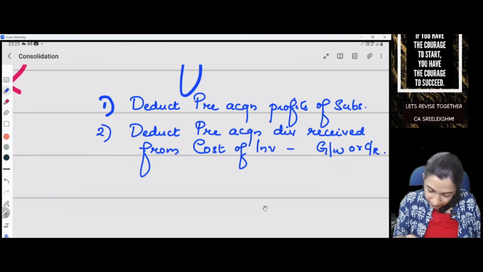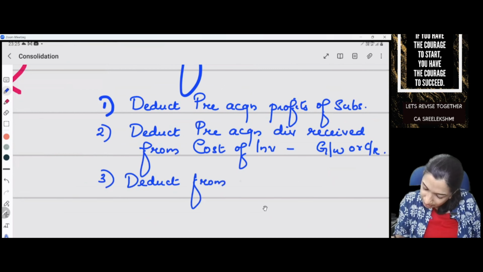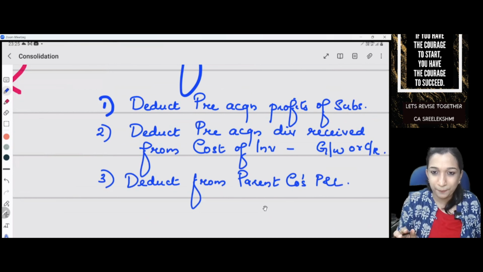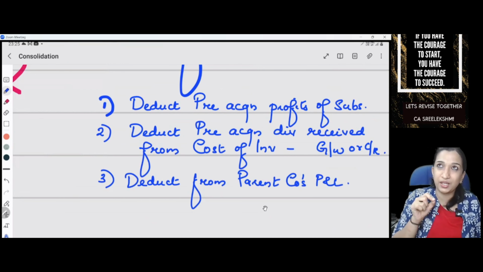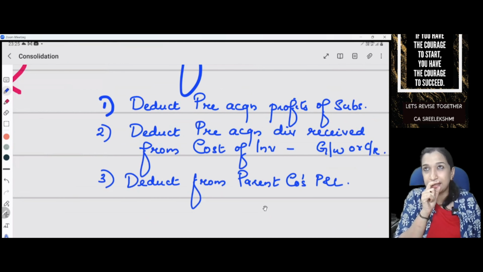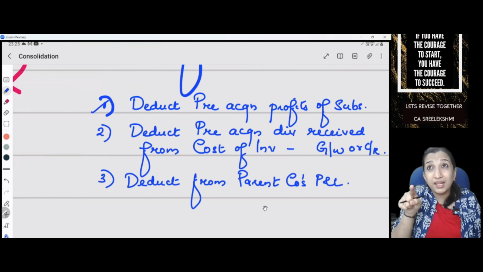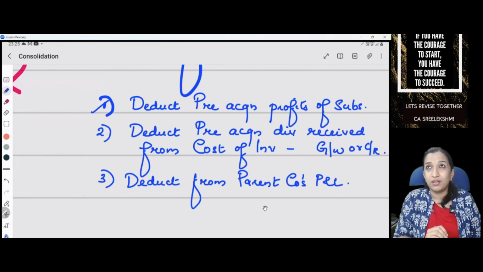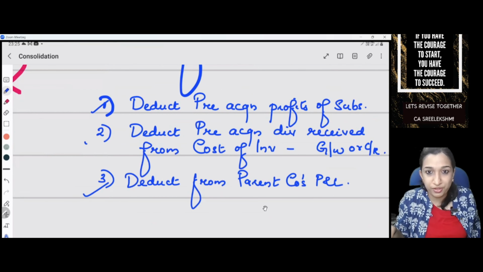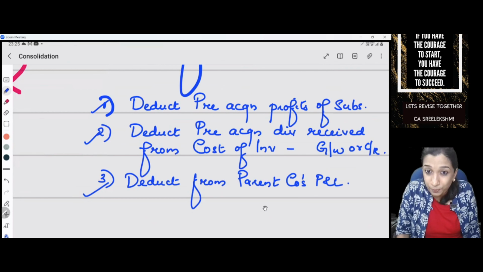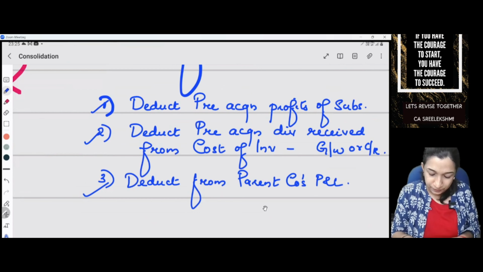Then deduct from the parent company's P&L. So these are the steps to be done. If a pre-acquisition dividend is wrongly credited, the subsidiary's pre-acquisition profits go down, the parent's P&L is to be reduced, and the parent's cost of investment also is to be reduced, because we are passing the rectification entry P&L to investment. Okay, fine.